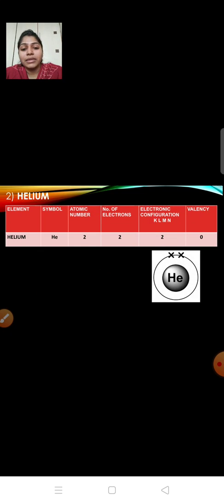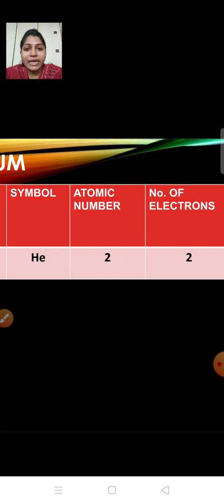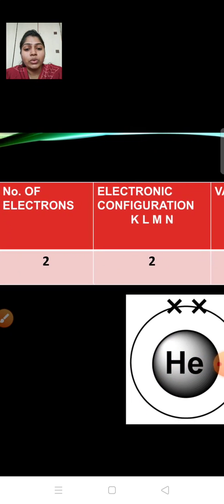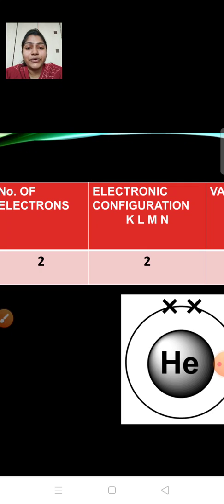Second element is helium. The symbol of helium is He. Atomic number 2. Number of electrons 2. And the electronic configuration is 2. Now helium has only 2 electrons, so those 2 electrons will occupy the first shell, that is K shell.